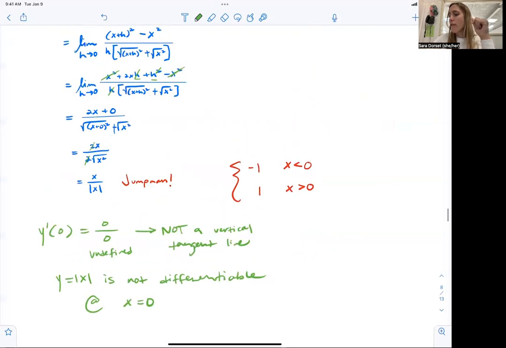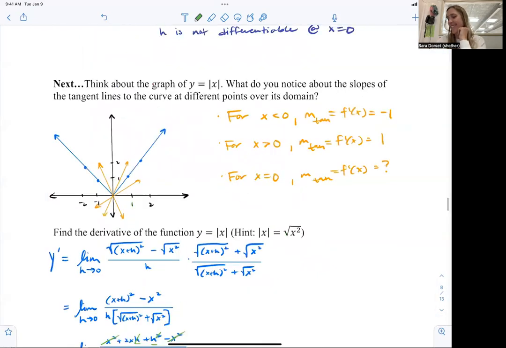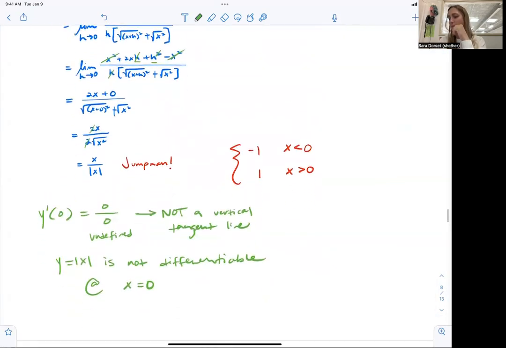We can see that from looking at its graph. There are infinitely many tangent lines that we could think about drawing to the curve at x equals 0, to that sharp corner. And therefore y equals absolute value of x is not differentiable.